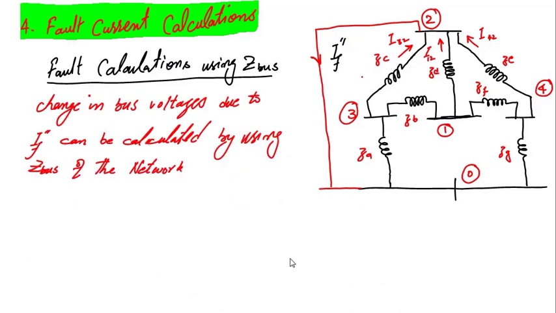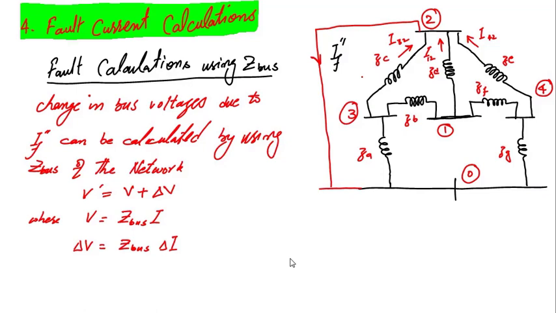The change in bus voltage due to IF can be calculated by using the Z bus of the network. How? We know the equation of Z bus, that voltages on all the nodes is equal to Z bus of the network times the current injection. And the change in voltage can be calculated by multiplying the same Z bus with the change in current injection.